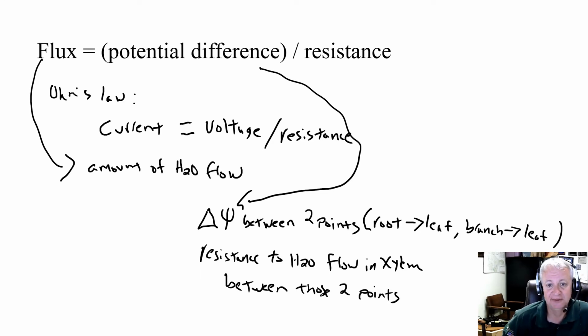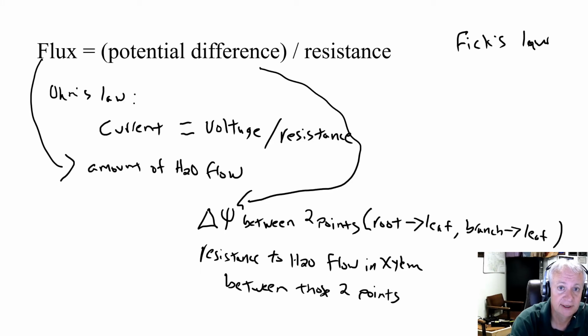This is also used in other systems. Sometimes it's called Fick's law. To analyze, for instance, movement of water in soils. But they all have similar concepts in terms of looking at a flux, a potential difference, and a resistance.